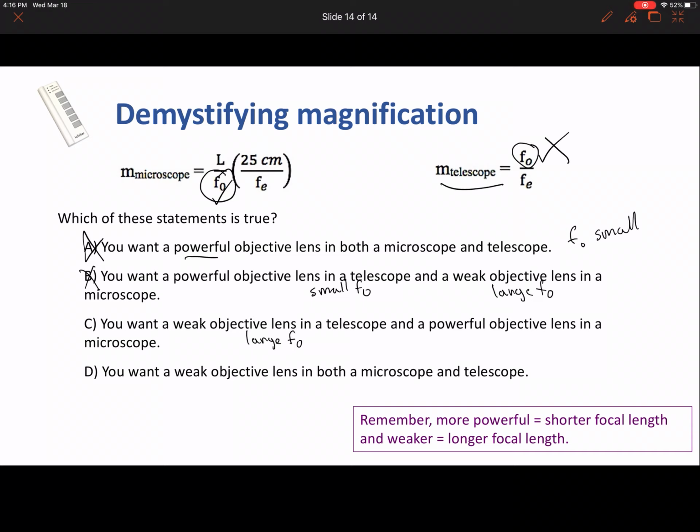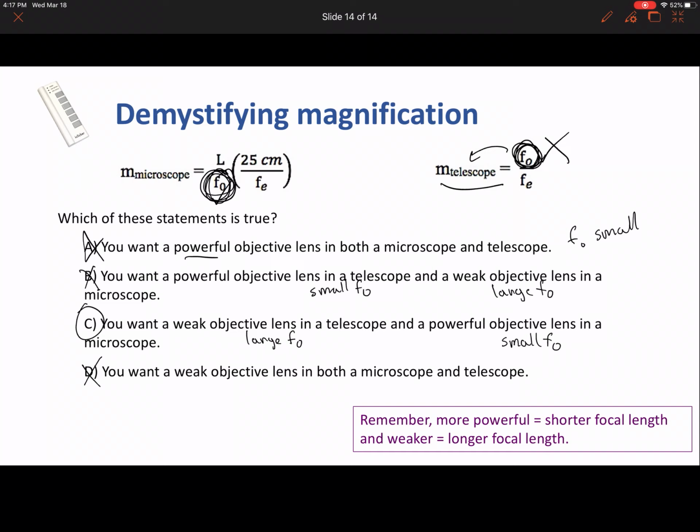That actually works, right? A large F_O here means a large magnification. And for a microscope, a really powerful objective lens bends light a lot. That light will converge quickly, so I have a small F_O. Small F_O kind of works here. Small number in a denominator means a large fraction. And yeah, D doesn't work. So C is the one I want, which is, again, maybe counterintuitive.